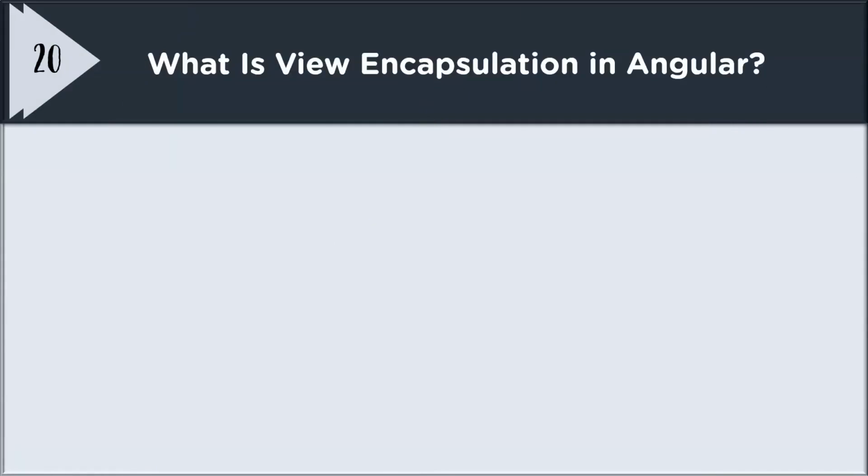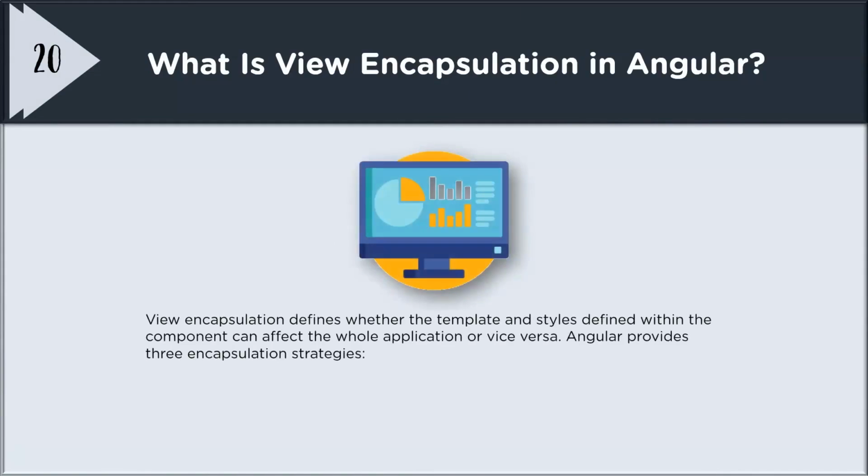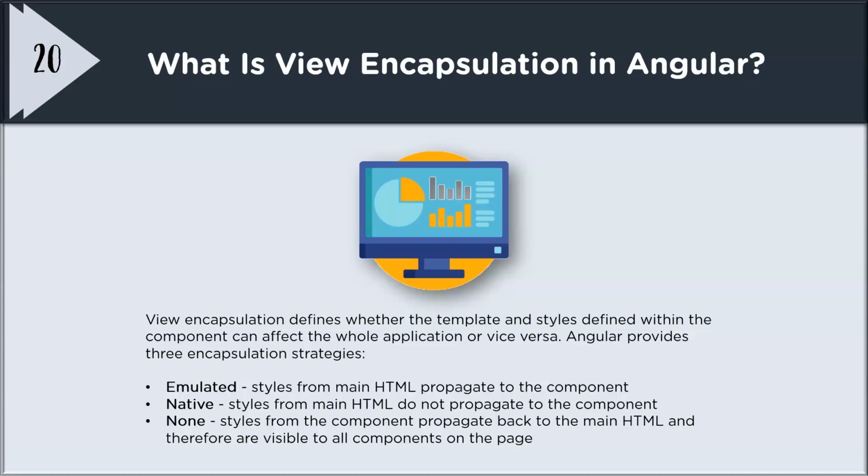Moving on to the next question, what is view encapsulation in Angular? View encapsulation defines whether the template and styles defined within the component can affect the application or vice versa. Angular provides 3 encapsulation strategies. There's emulated encapsulation, which means that the styles from the main HTML propagate to the component.